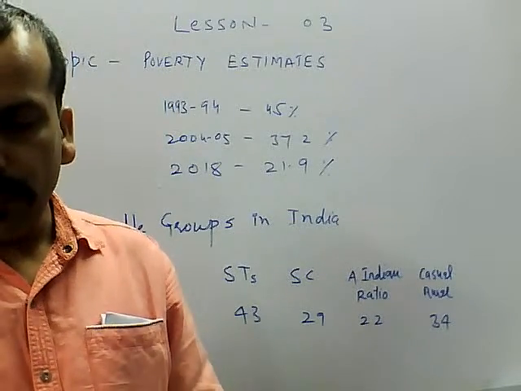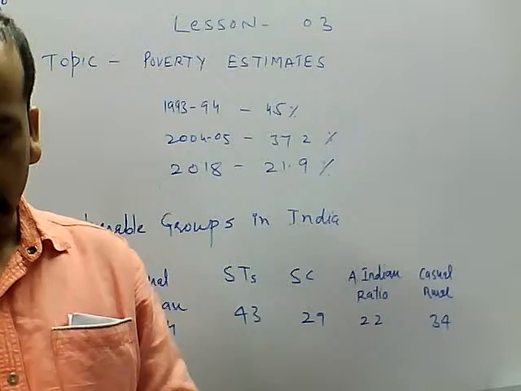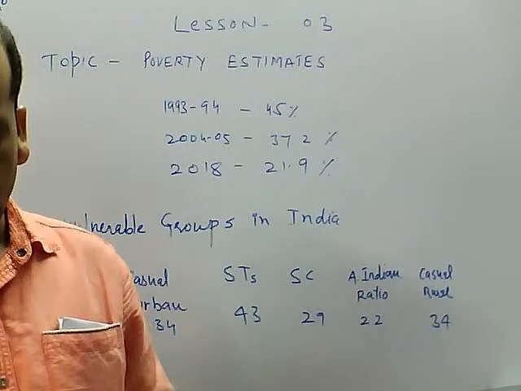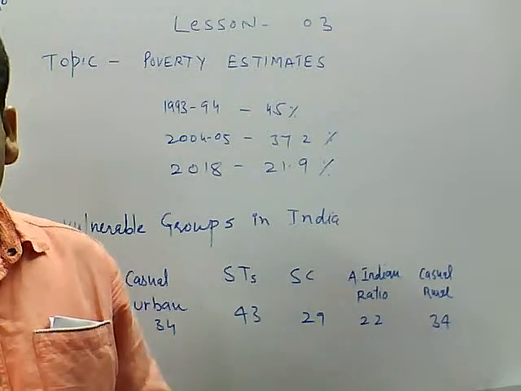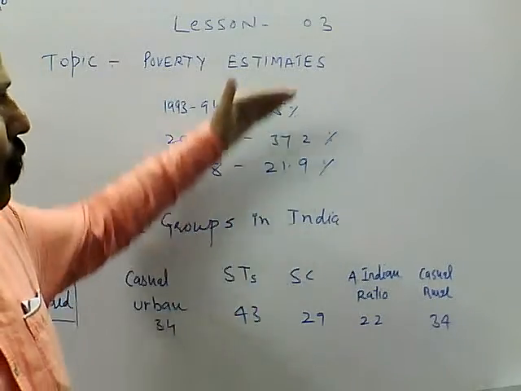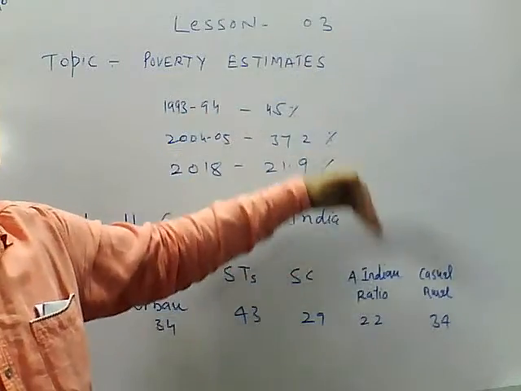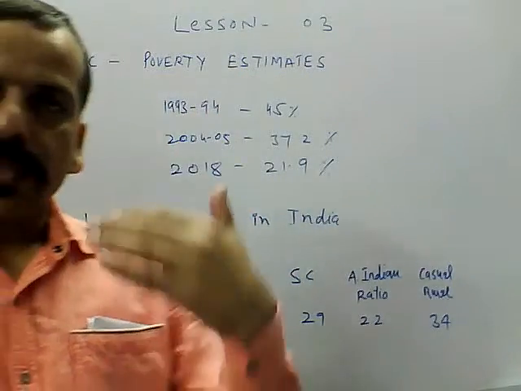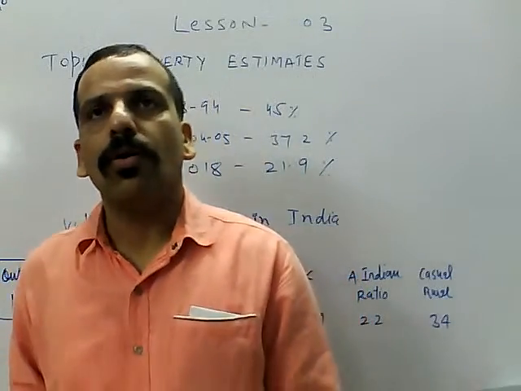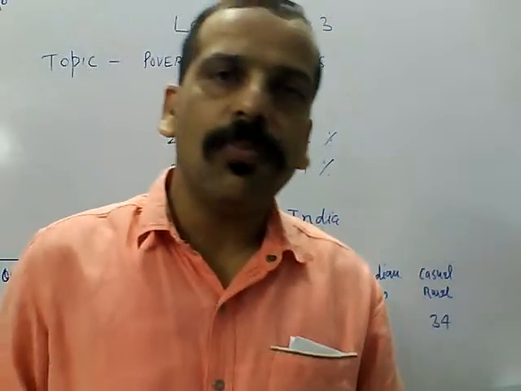One by one we will discuss them. And one more point: if you talk about the poverty ratio, the trend is declining. Overall, whether individual to individual or state to state, the percentage of the poor keeps decreasing.